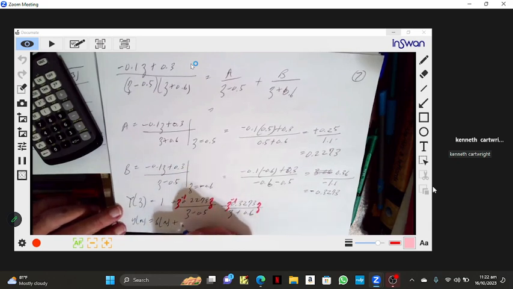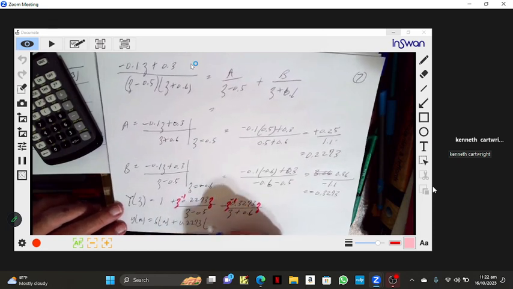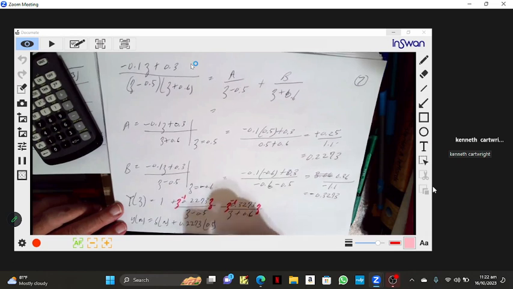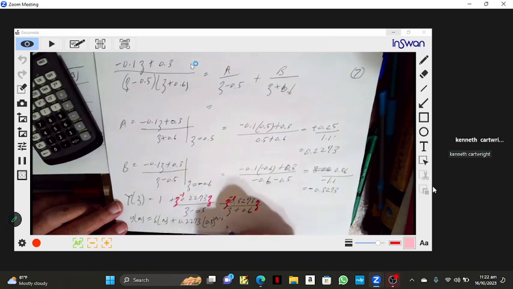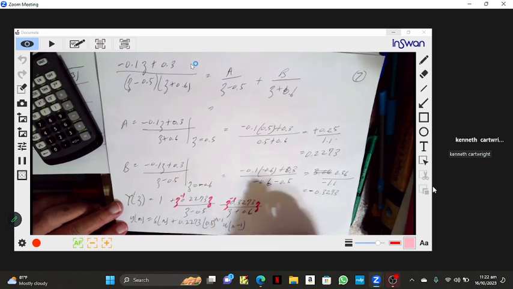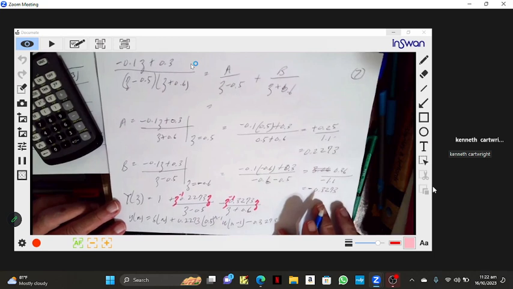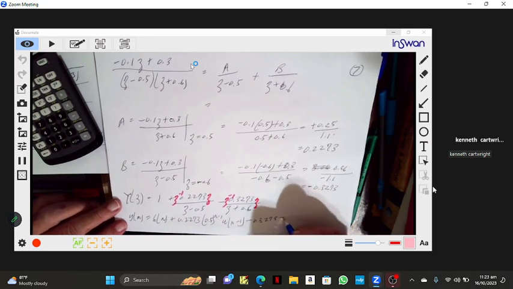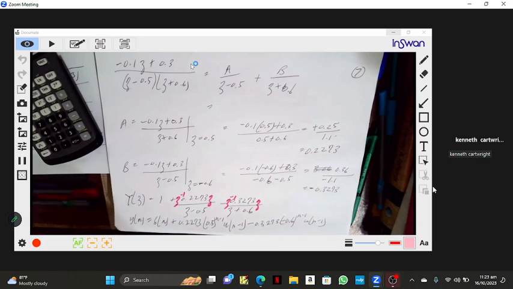And we have a plus 0.2273 times 0.5 to the power of n, but it's n minus 1 because of z negative 1, u of n minus 1, minus 0.3273 times minus 0.6 to the power of n minus 1, u of n minus 1. Any questions about that?